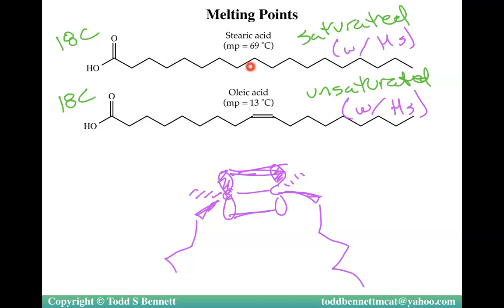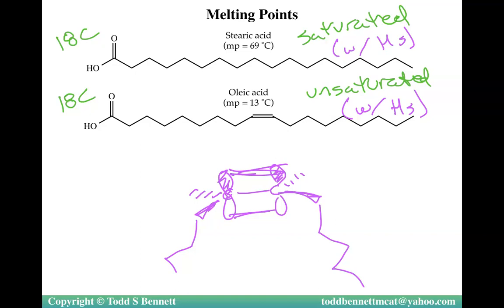It's going to form a strong interaction, making the melting point high, making that cell membrane very rigid. So for instance, bone cells would be filled with a lot of saturated fats. Fluid cells, like muscle cells, you would want to have more unsaturated so that they can have motility, they can change their shape.